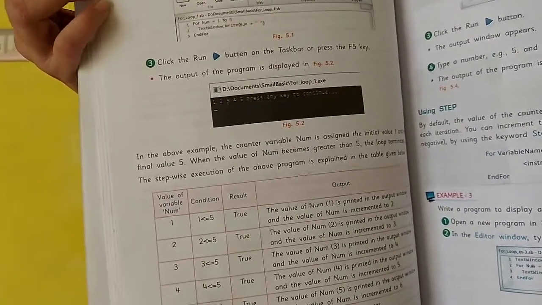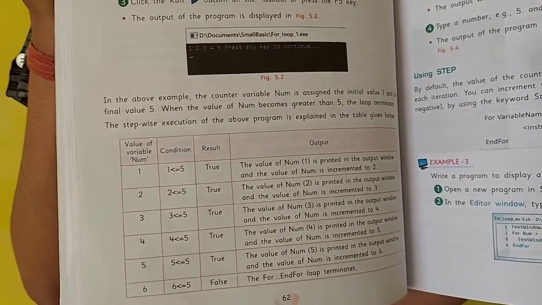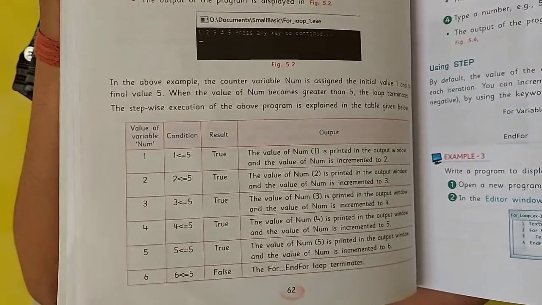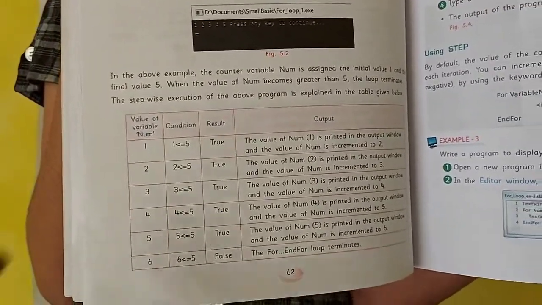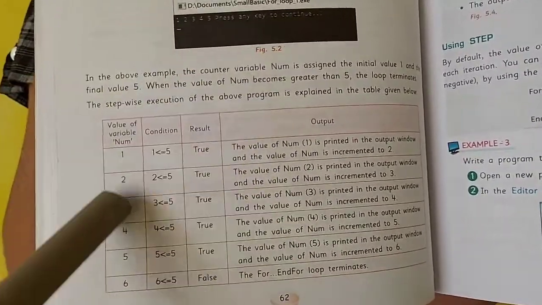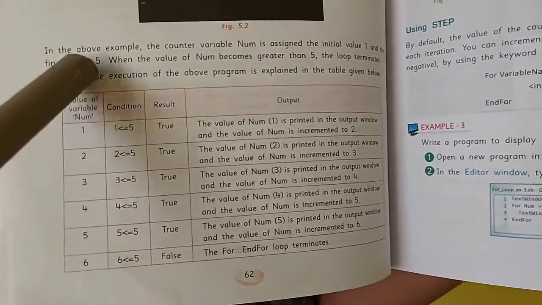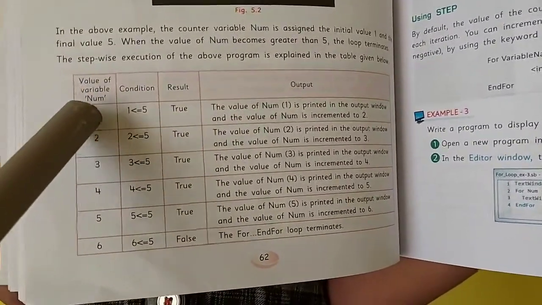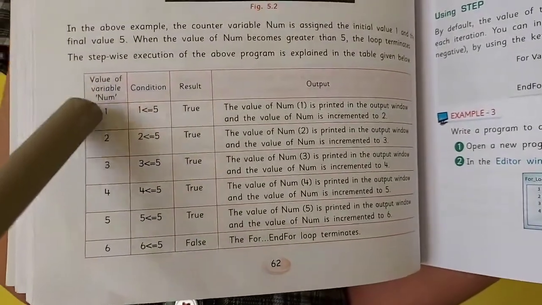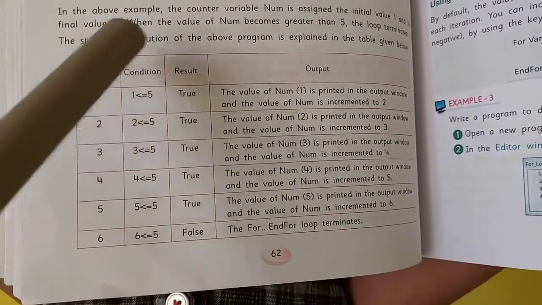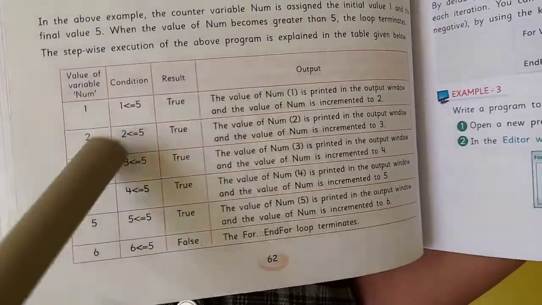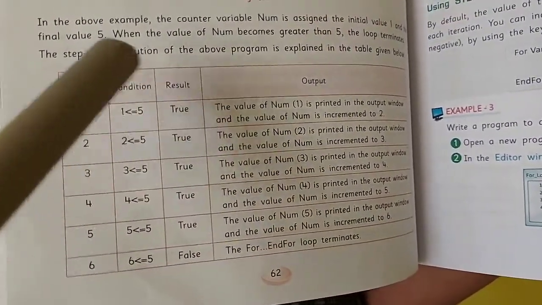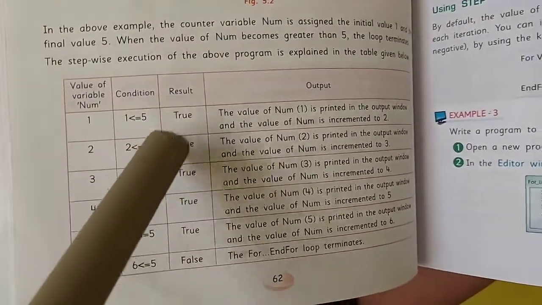Now see. If we want to check our output, whether what we have done is correct or not, then we will follow this stepwise execution. See, for example, first the value of variable num is 1, and when the variable value is 1, then the condition is 1 is less than or equal to 5. True. Then 2 is less than or equal to 5.